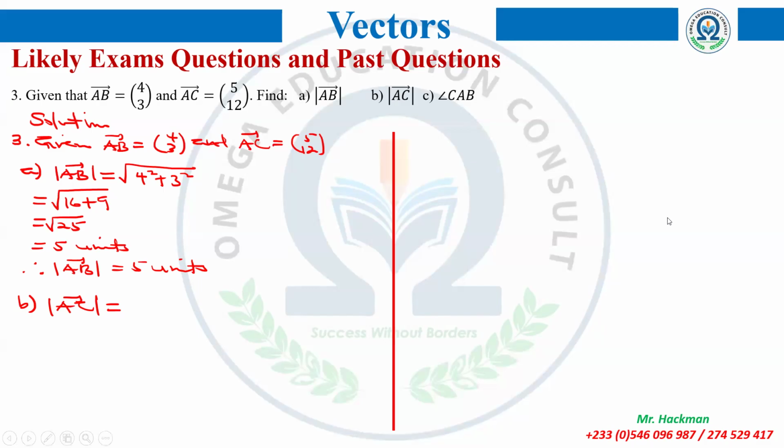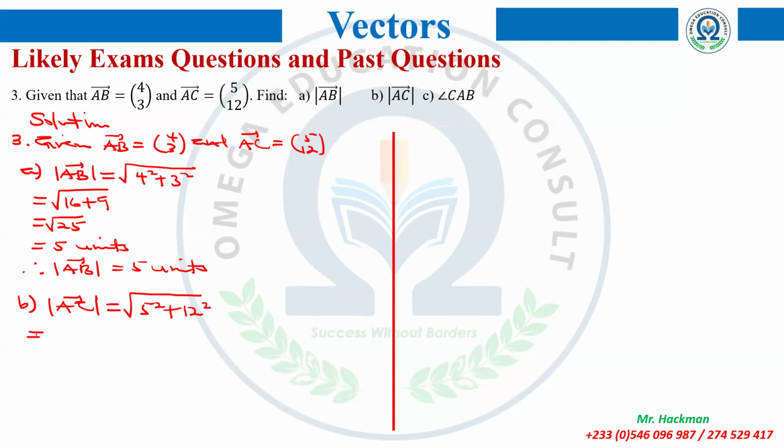Janisha, let's go. Square root of 5 squared, very good, plus 12 squared. Okay, well done.